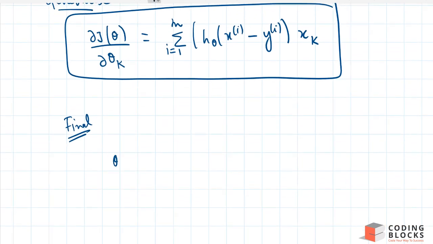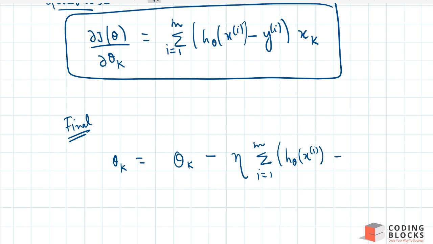So you are going to update θk equals θk minus η times the summation i goes from 1 to m of (h_θ(x^(i)) minus y^(i)) into xk^(i).